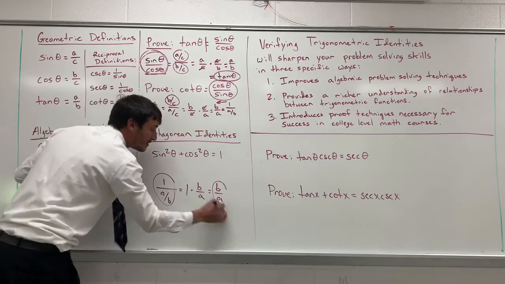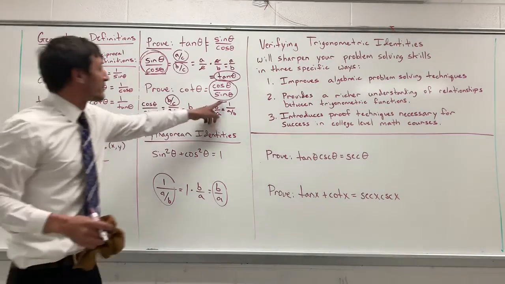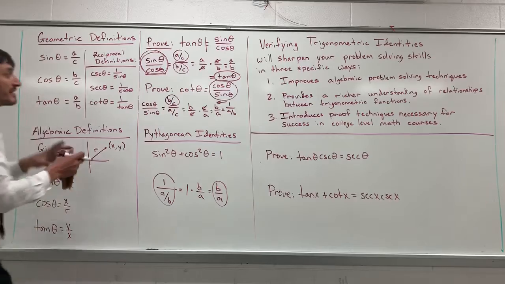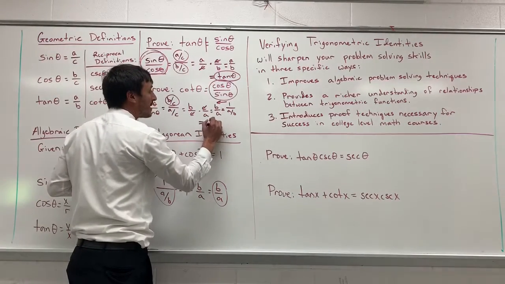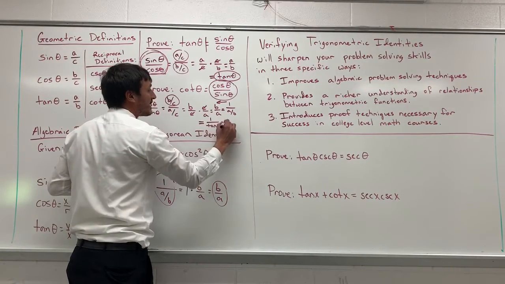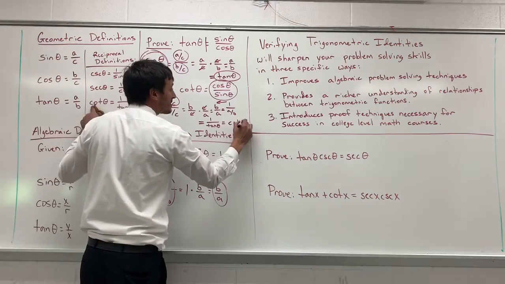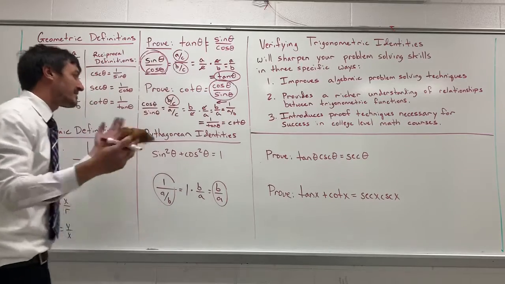So I'm showing you that B over A can be written as 1 over A over B, and notice that A over B is the tangent of theta, so we now end up with 1 over the tangent of theta, and 1 divided by the tangent of theta, notice, is defined to be what? The cotangent of theta. And as we go forward, you guys are going to learn to skip steps.